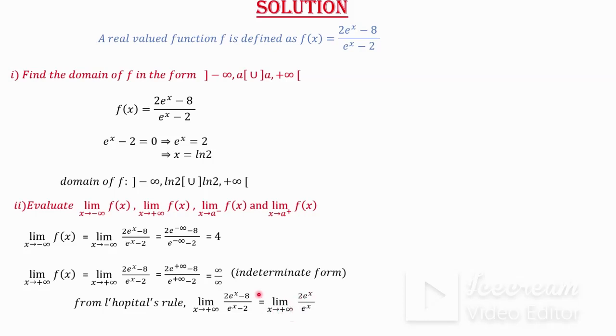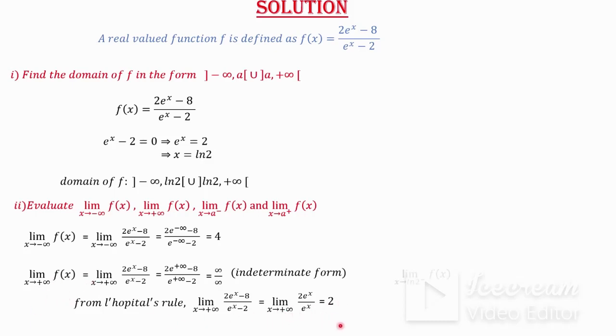What have we done here? We have simply differentiated the numerator and the denominator separately. Differentiating the numerator, we obtain 2 exponential of x, and differentiating the denominator, we obtain exponential of x. The exponential of x cancel each other, and we are left with 2 as the limit of f of x as x tends to positive infinity.